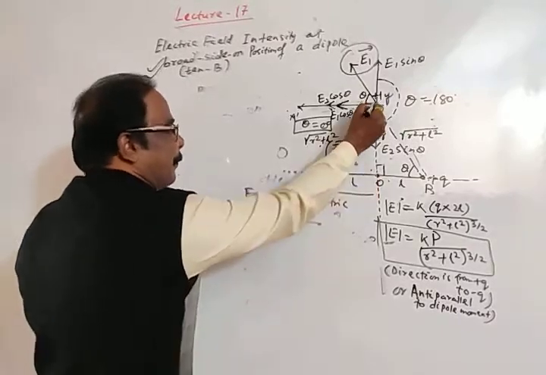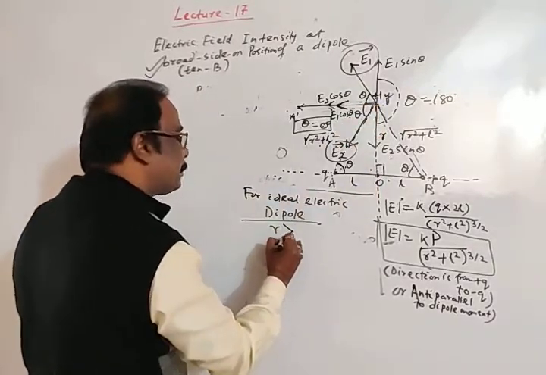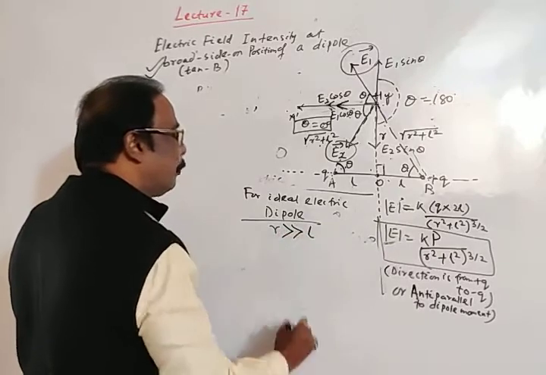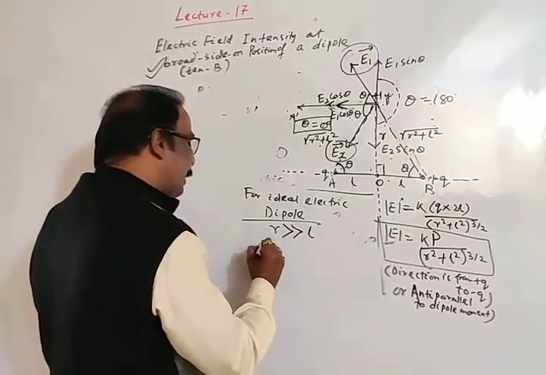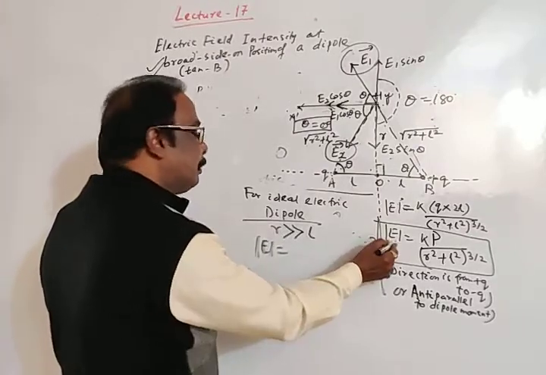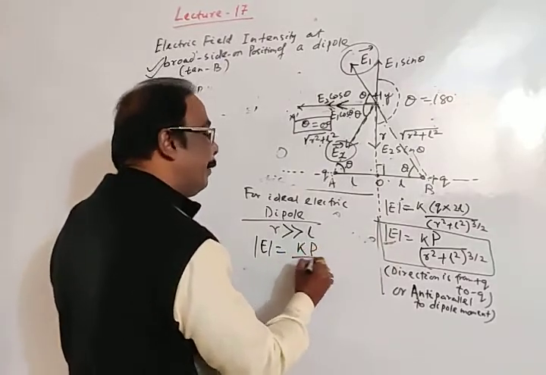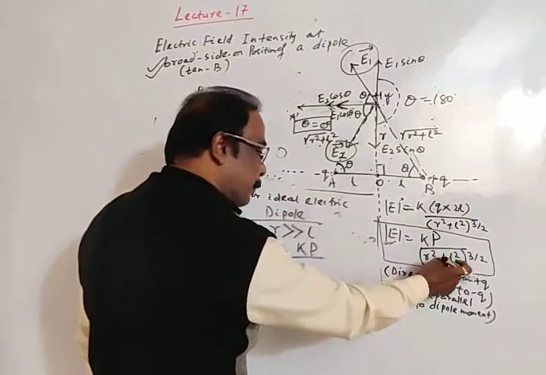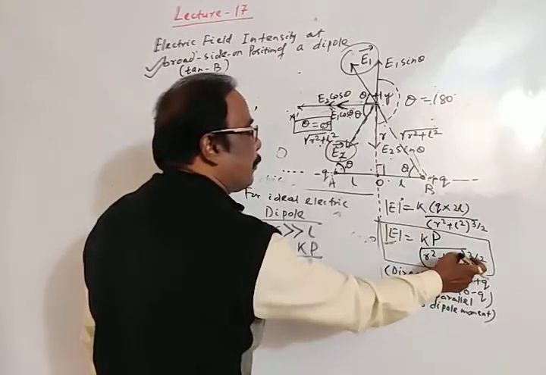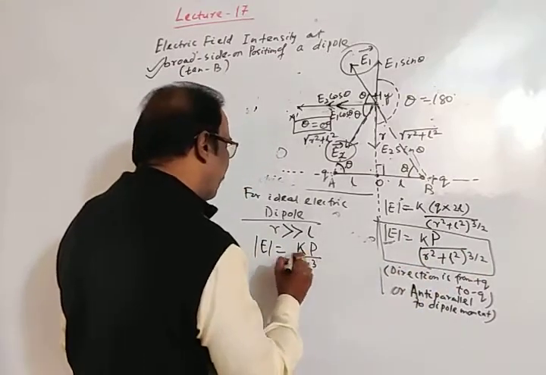R is the distance, greater than 2L, or distance greater than L. So for an ideal electric dipole, the magnitude of the resultant electric field is Kp. Here L is neglected, means L square is neglected. R square to the power 3 by 2 means R cube.